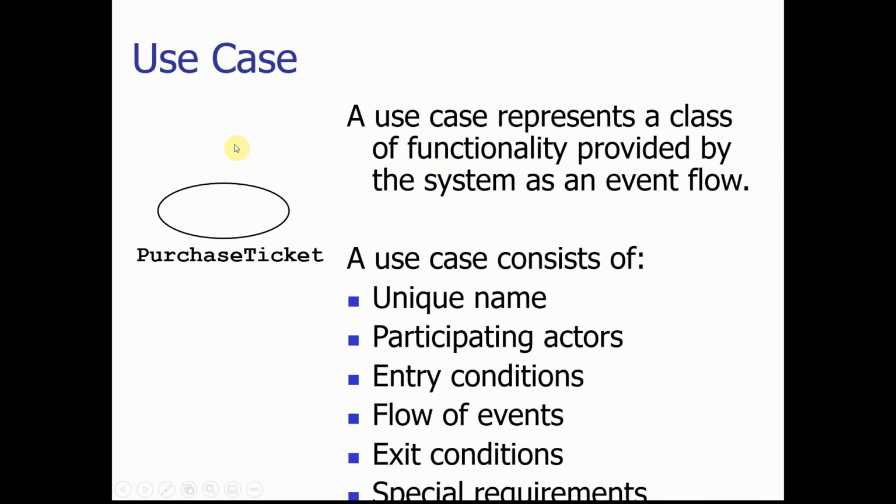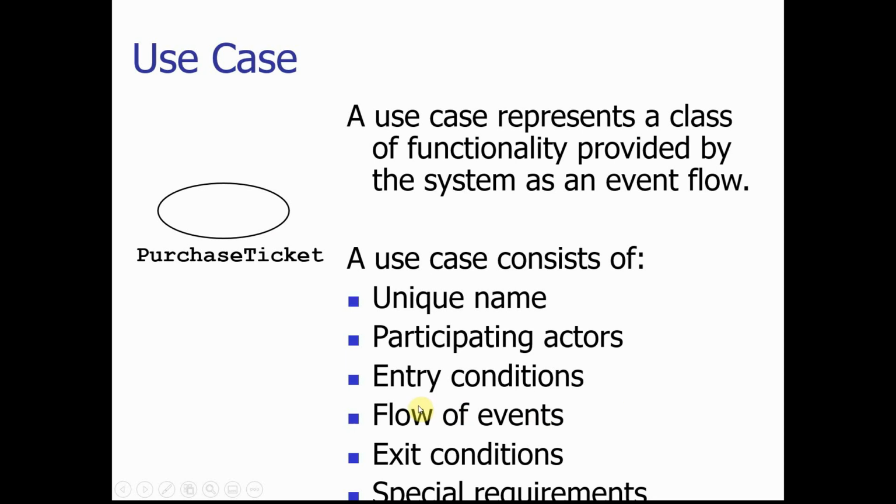So a use case, as I mentioned, is not just an oval shape. The use case usually contains a name, the participating actor, and it will show who will interact with the use case. It has entry condition, exit condition, and flow of events. Basically, the entry condition is a precondition. So what a user should have to operate this use case, and the flow of events is the interaction.